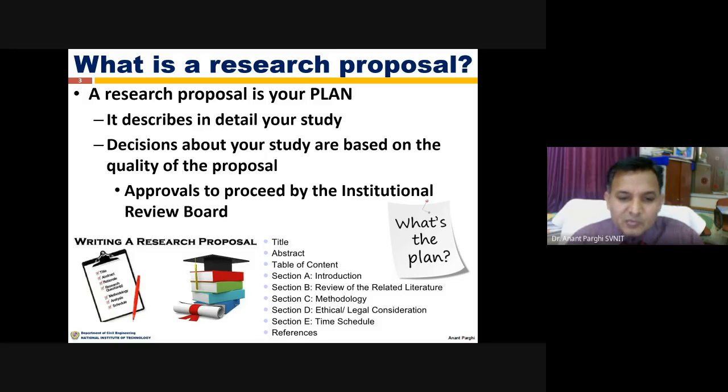The main objective is that there should not be any conflict or duplication of research, because if the research is already done, then there is no value in that research, because it is a wastage of time and money also, right? In that case our research proposal is not going to get accepted.